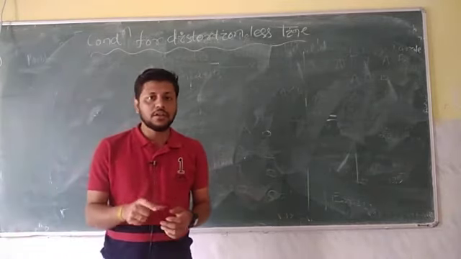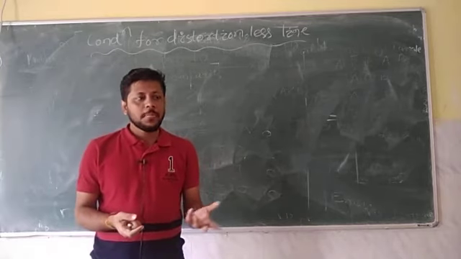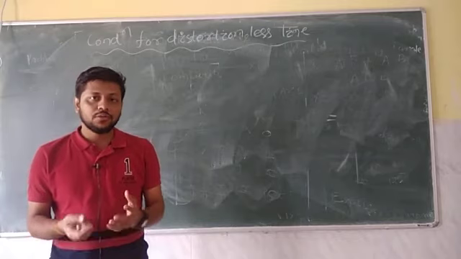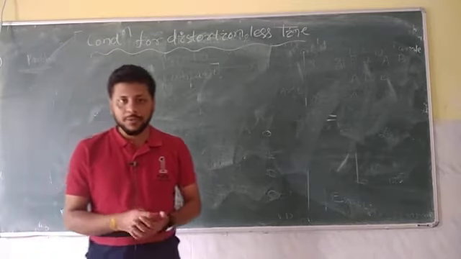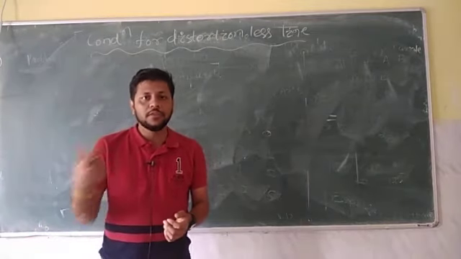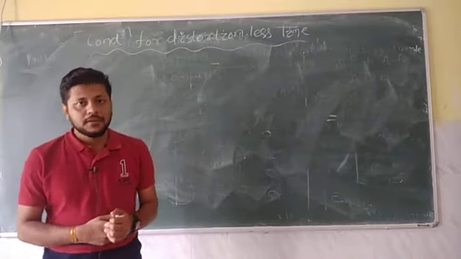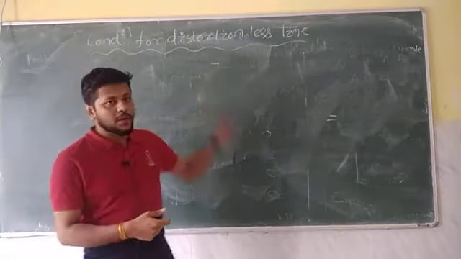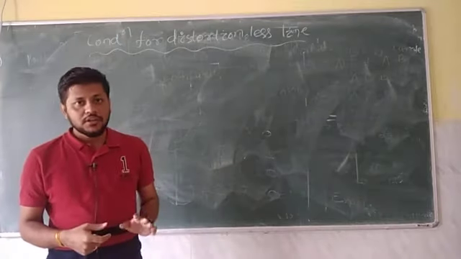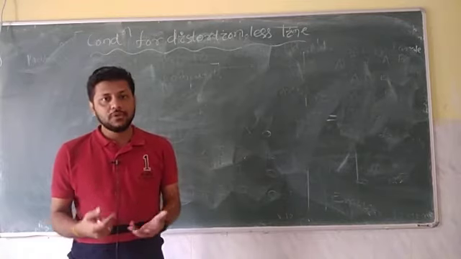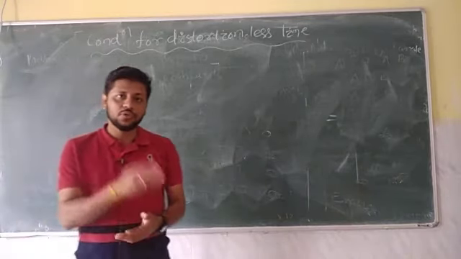If the shape of the signal gets changed, you end up getting the message signal with some loss of information. You cannot retrieve the exact information sent from the source. That's why distortionless is a very important parameter. Your line must be distortionless in order to have faithful transmission of the signal from source to load.